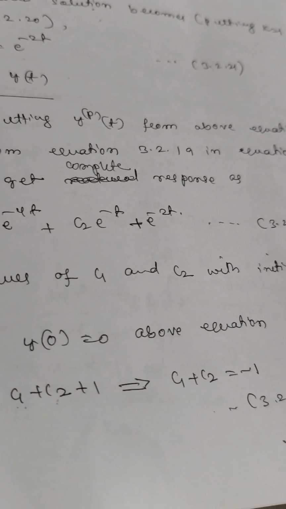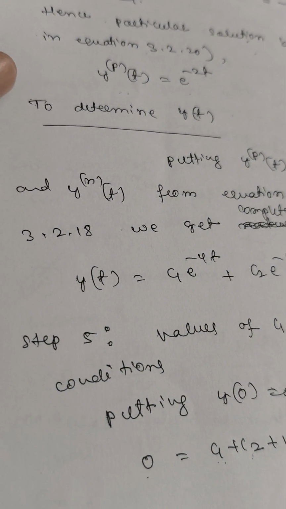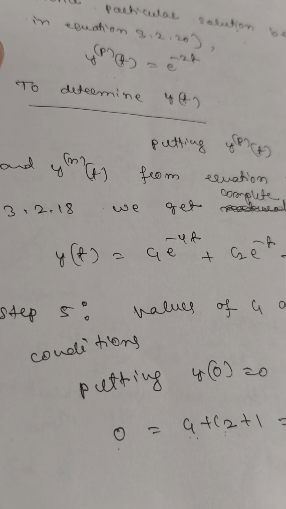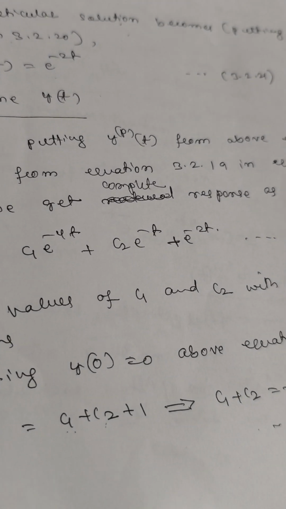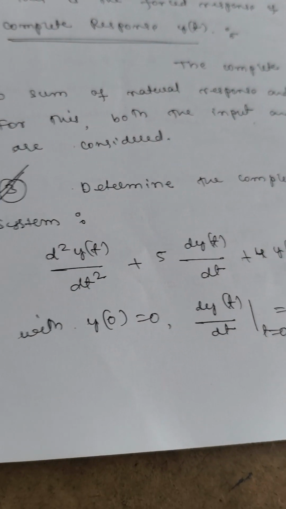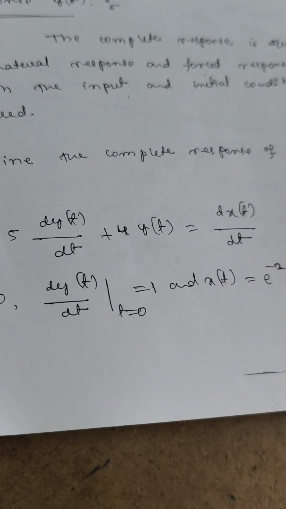Putting y of 0 equal to 0 in our equation means the value of t will be 0. The initial conditions were given at the start of the problem: y of 0 equal to 0, and dy of t by dt when t equals 0 is 1.